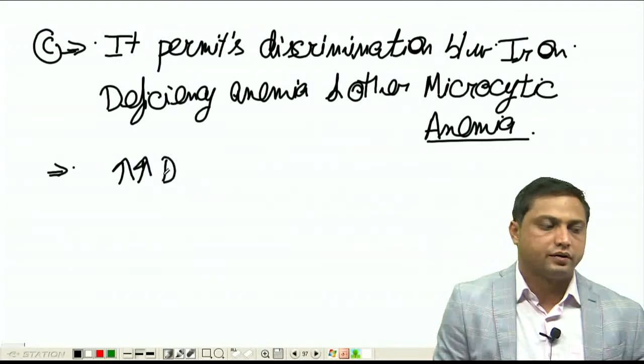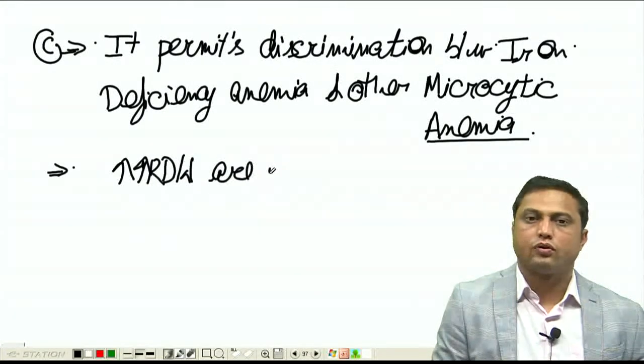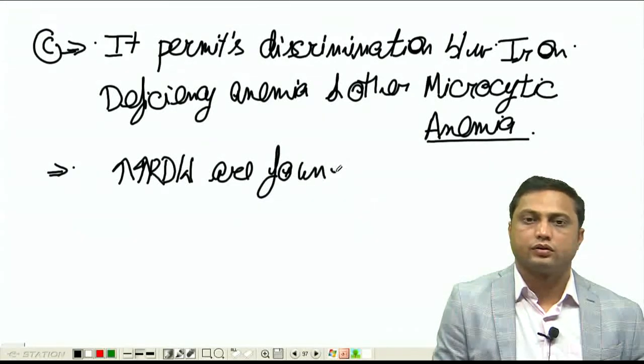Increased RDW is found in hemolytic anemia.